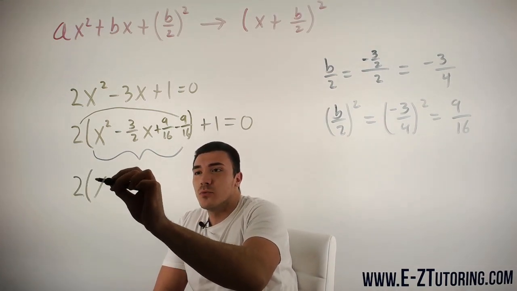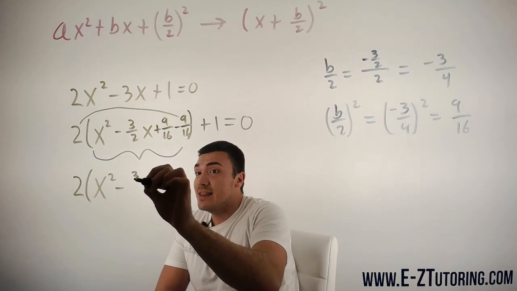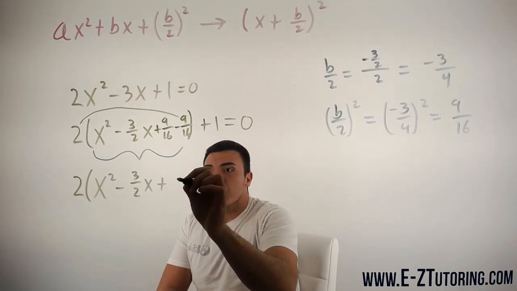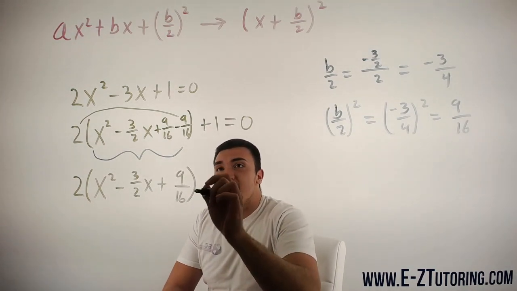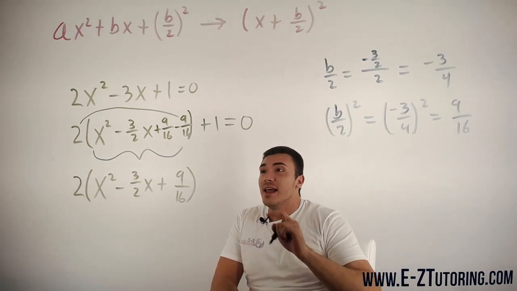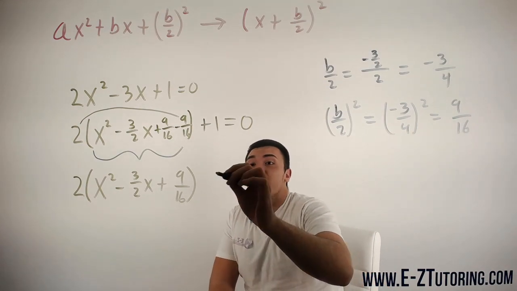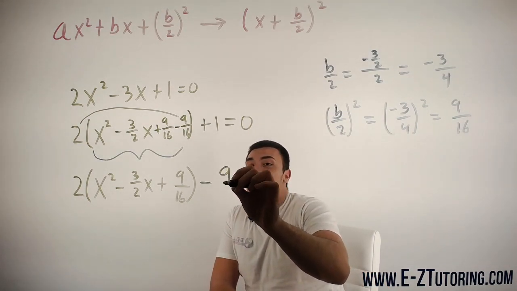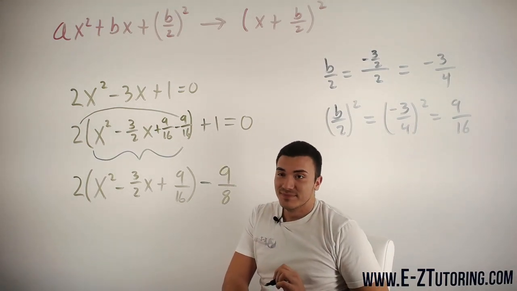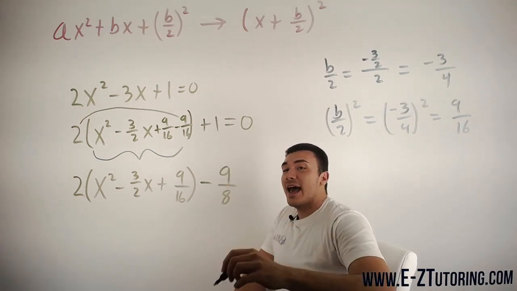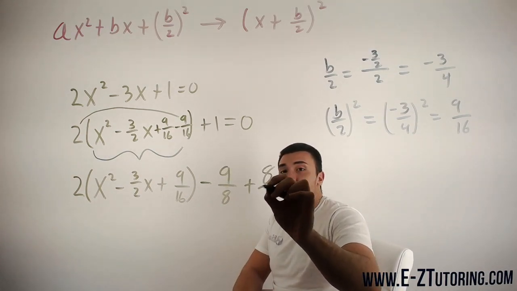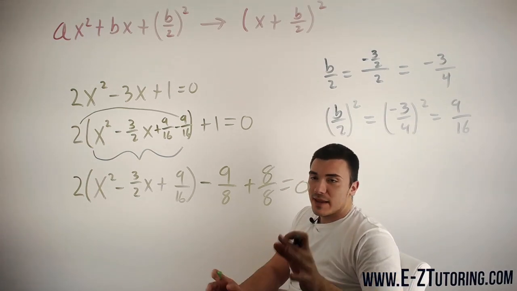Now, everything else will remain the same and remain inside the parentheses, like so. And now this value goes on the outside, except that now we need to multiply it by 2, which is extremely important, and it becomes negative 9 over 8. All right, and we need to add 1, and when we add 1, I'll just say we're adding 8 over 8 just to make life easier.